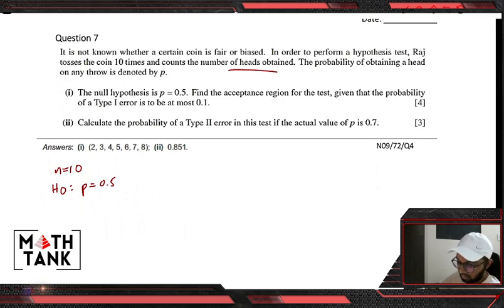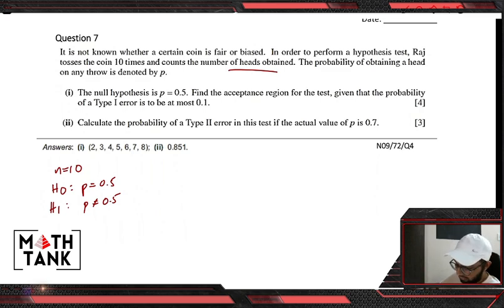Now, since I am just testing whether it's fair or biased, I don't know which of those outcomes, head or tail, will have a higher probability. So in order to be open to both possibilities, I'm going to say that the alternate hypothesis is P is not equal to 0.5. This is basically a two-tailed test.